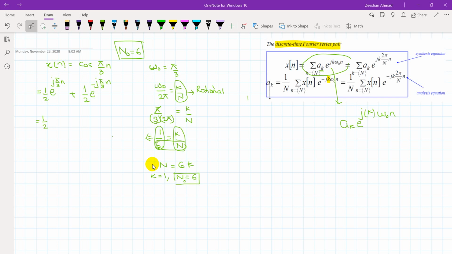Obviously my omega naught here is pi by 3, so it will be e power j, where the value of k is 1, into omega naught, which is pi by 3, n, plus 1 by 2 e power j minus 1 into pi by 3 n here. Now I know that my coefficients are for k equal to 1 and minus 1. So from here I can rewrite the Fourier series coefficients as equal to my coefficients here.